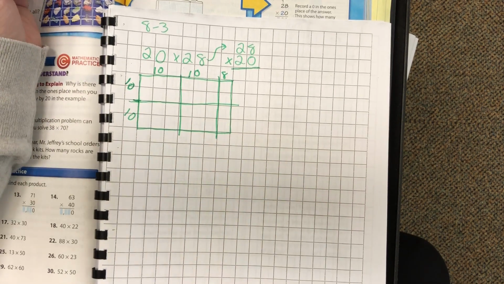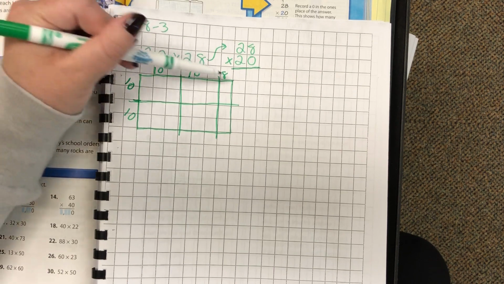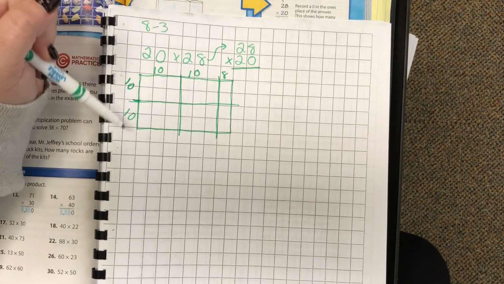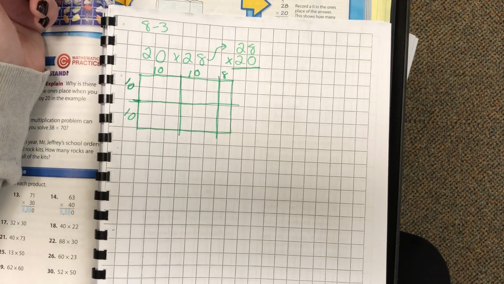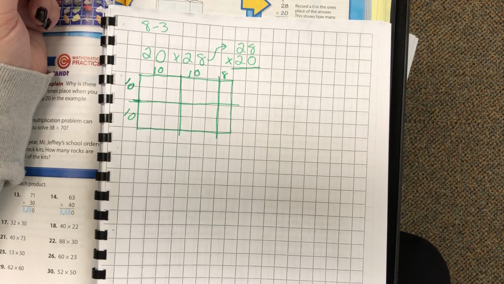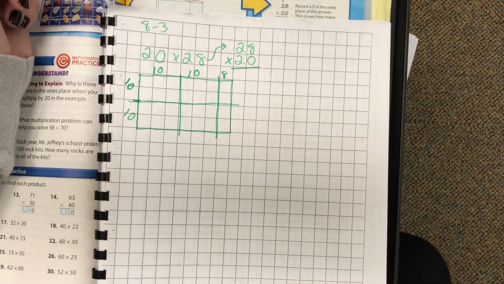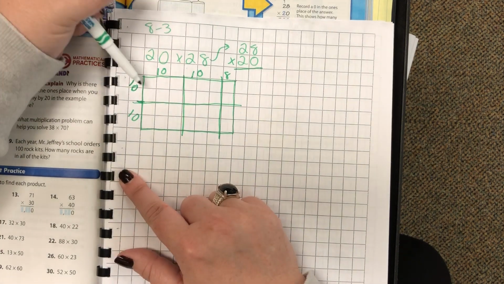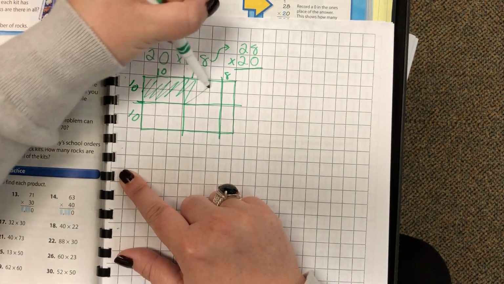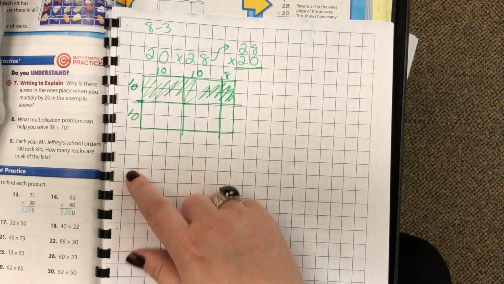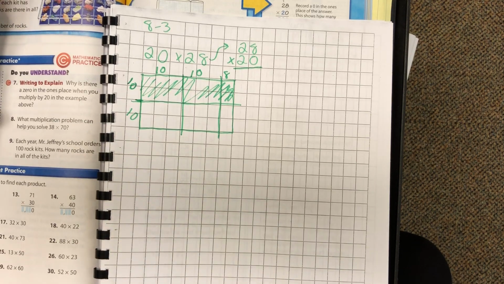Now on the test, you will see questions where you'll be getting the same array that looks just like this, and then it will be give me the product of the shaded area, meaning a certain part of it will be shaded in. So if it were just this shaded in, what is that asking you to find?